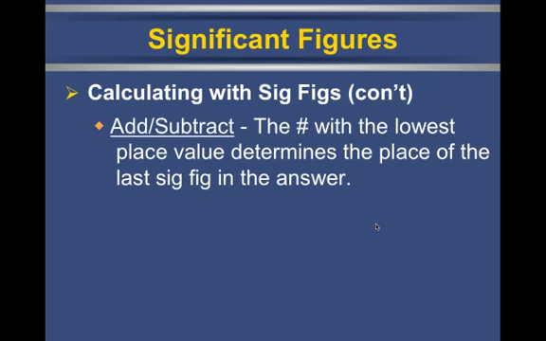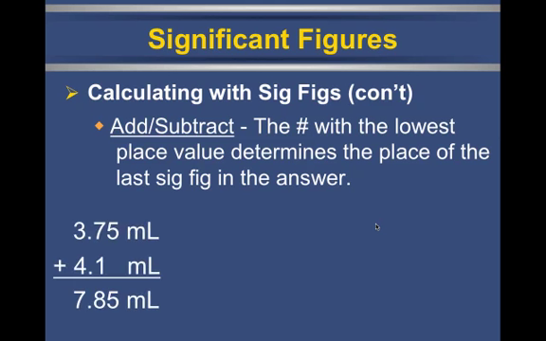When adding and subtracting with significant figures, it's a little bit different. It's the number with the least precise place value that determines the place of the last significant figure in the answer. So let's look at it like this. It's always easier to line them up in column form. All right? The least precise place value in this top number is the hundredths place.